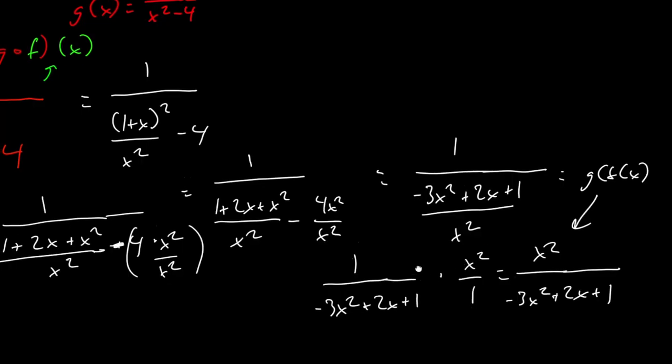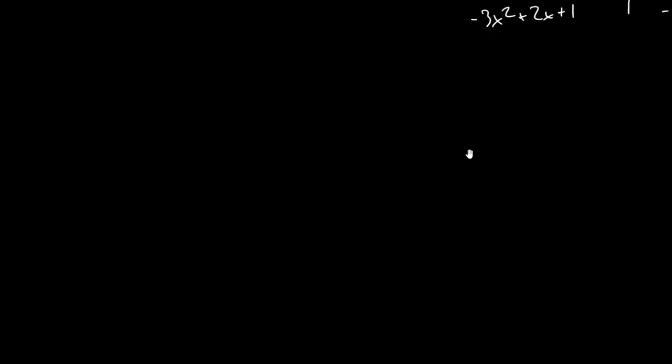Now, from here, we would find the domain. Knowing that f of x equals 1 plus x over x, it is undefined at a domain buster here, and that's x equals 0.